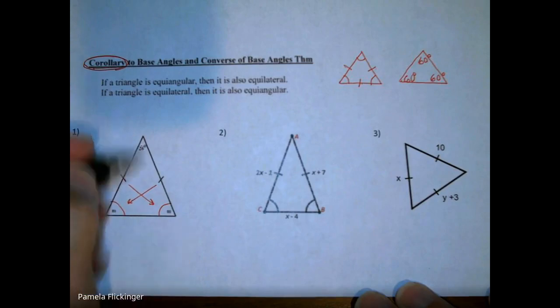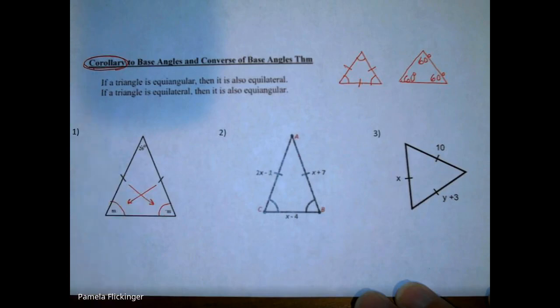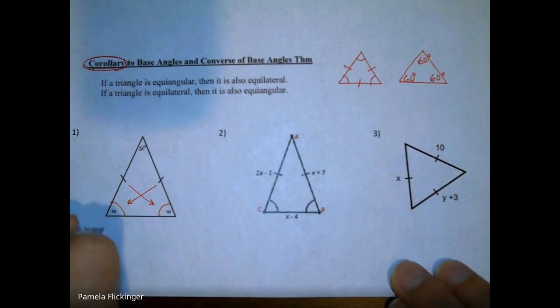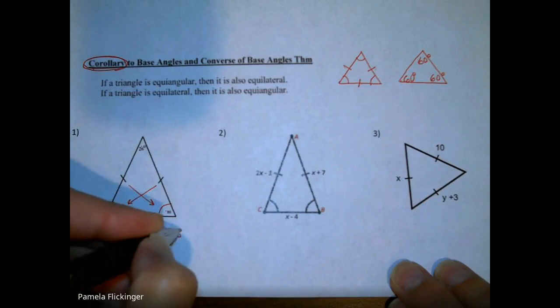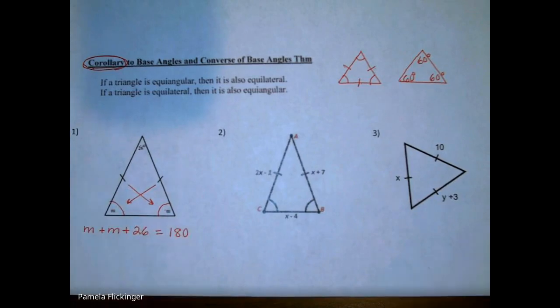You need all three angles in order to solve, because we know that M plus that 26 all have to add up to be 180. It can't be just two angles. You must know all three.